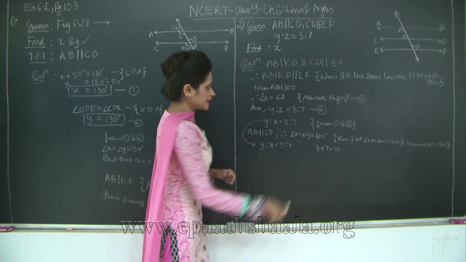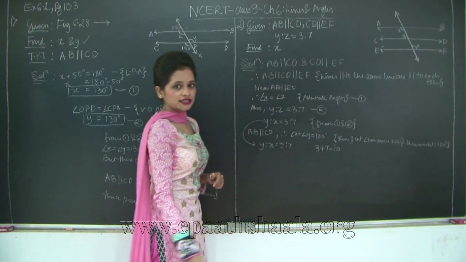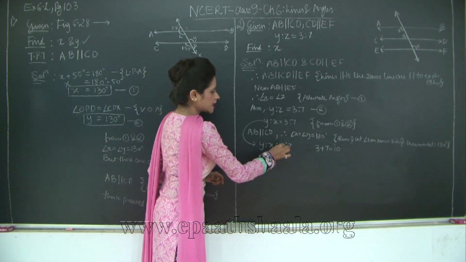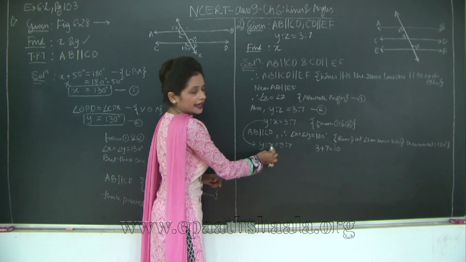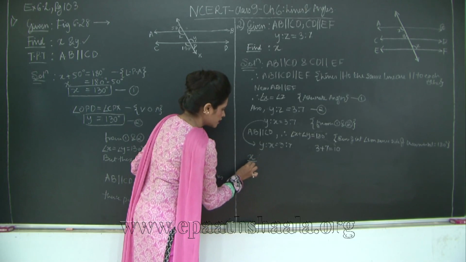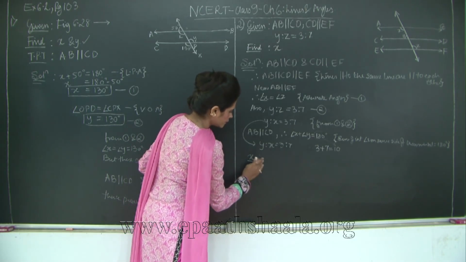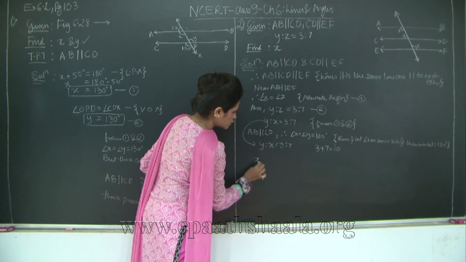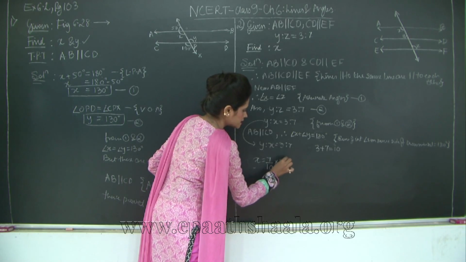That means this angle 180 degrees is divided into 10 equal parts, out of which 3 parts are given to angle y and 7 parts are given to angle x. So let's find the value of x. x upon 10 into... x is equal to 7 upon 10 into 180 degrees.